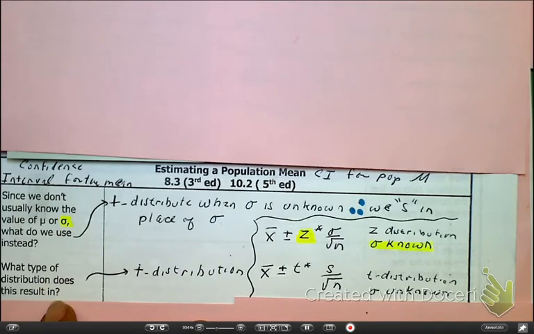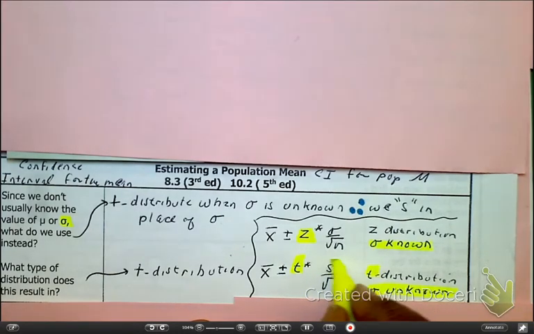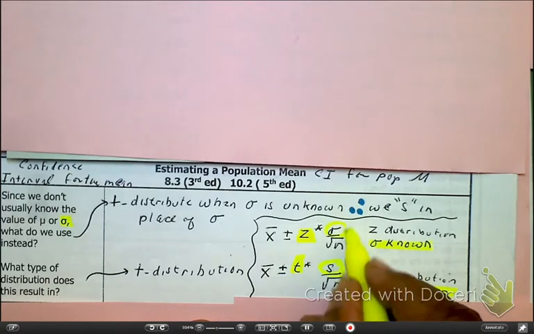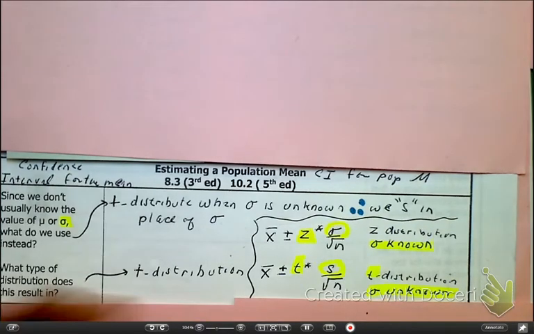So the question is, what type of distribution is used? A t-distribution is used when your sigma is unknown. So notice right here, here's your t. That means we're going to be using t star. Also, s replaces the sigma, because we don't have the values.